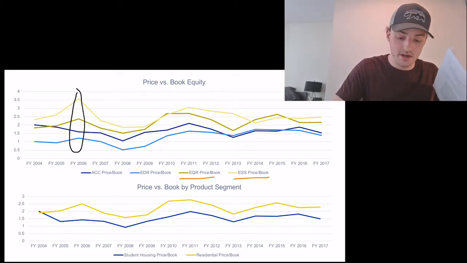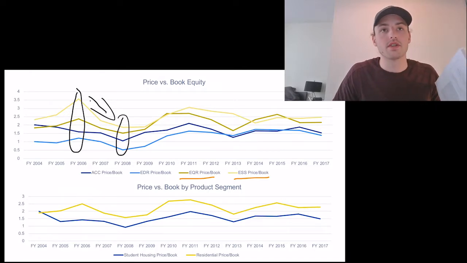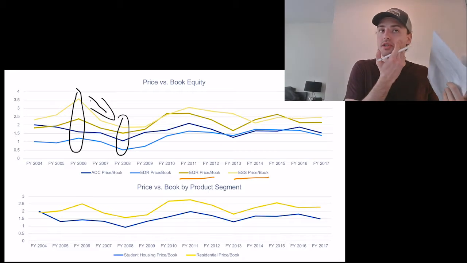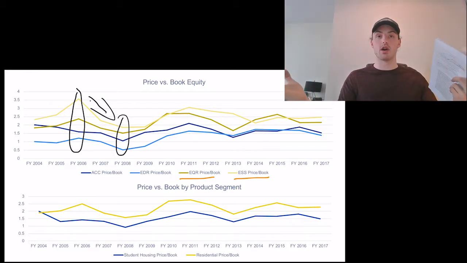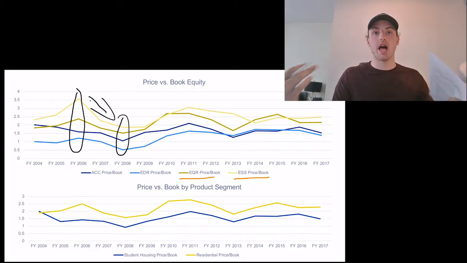All of a sudden, this could be an indicator that market strength has weakened significantly. Investors are now demanding more realistic prices to get into these real estate investment trusts, which could be a proxy for overall real estate market sentiment, right? We have a real estate centric collapse going on. Market sentiment has decreased.